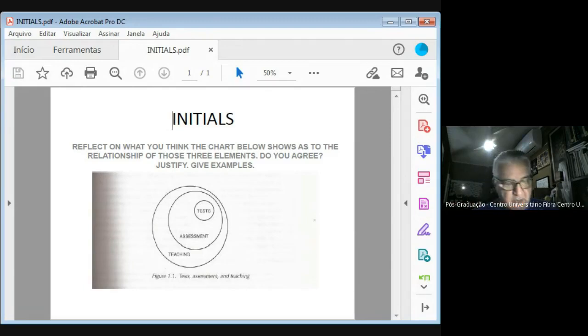Sometimes. So the basic difference here is, if you make a decision, this is evaluation. If you only think and reflect, this is assessment. This is the basic difference in class.